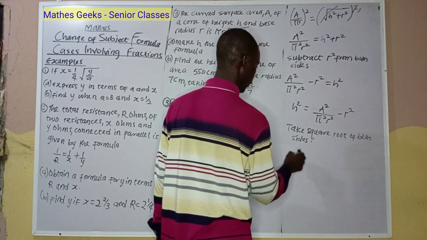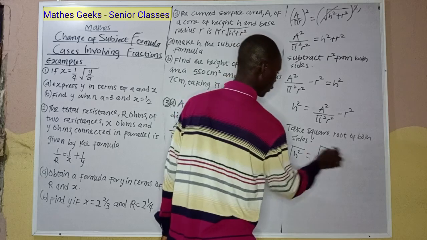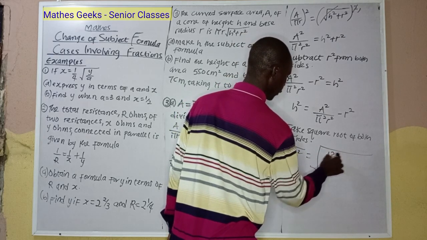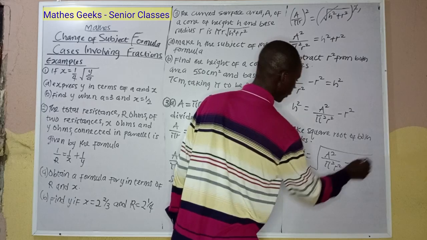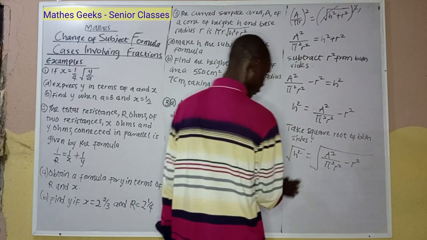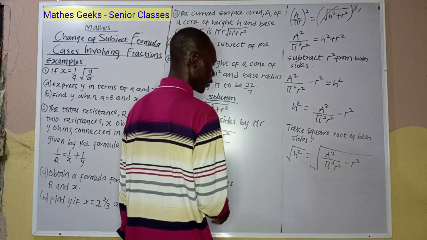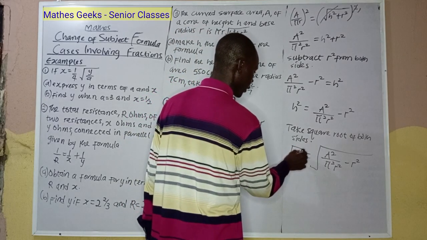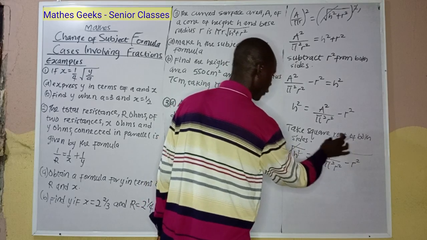So this will give us the square root of h squared equals the square root of a squared over pi squared r squared minus r squared. Okay, take the square root of both sides. The square root and the power will cancel. This side does not have a power, so it will not cancel.